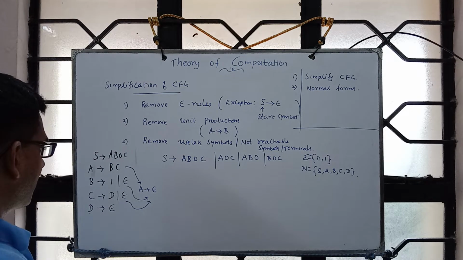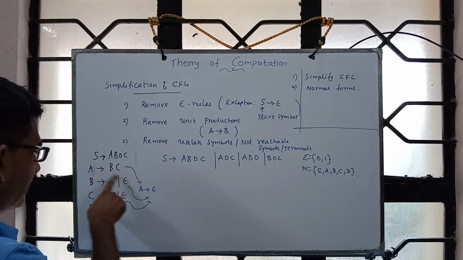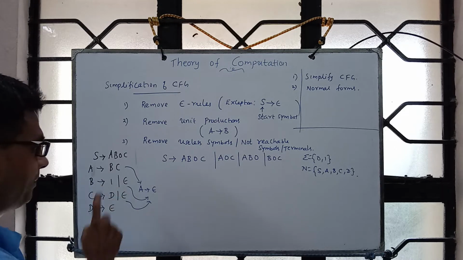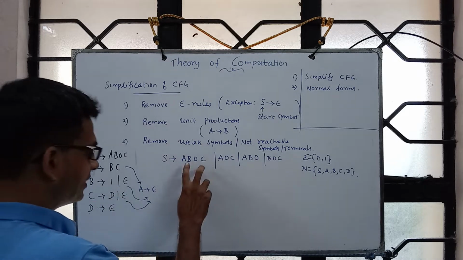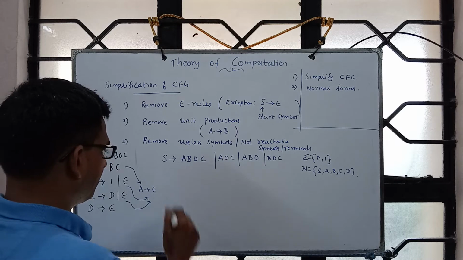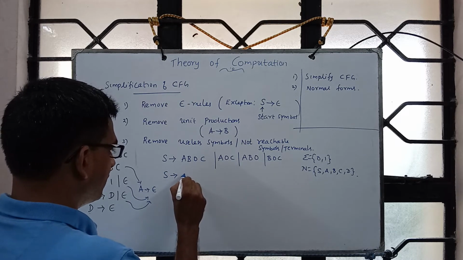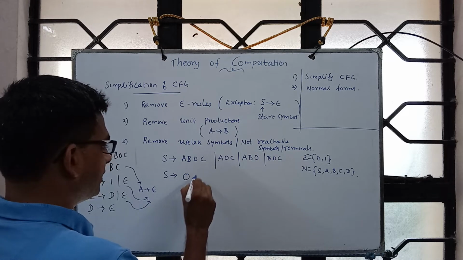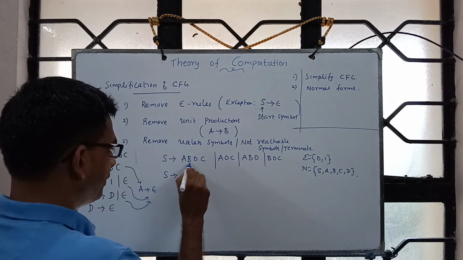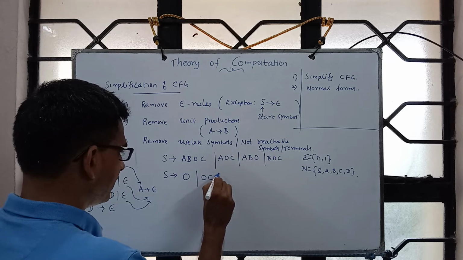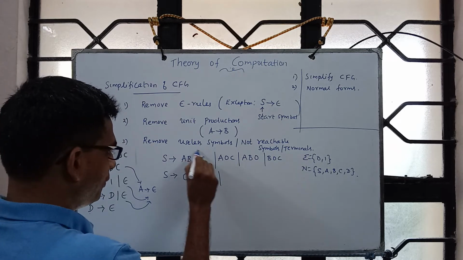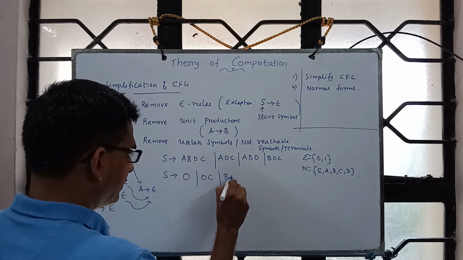Not just that, now that you know A implies epsilon, B implies epsilon, C implies epsilon, you can substitute all of them or two of them. If you substitute epsilon for all, then we get 0. Or you substitute for AB, then you get 0C. Or you substitute for AC, we get B0.